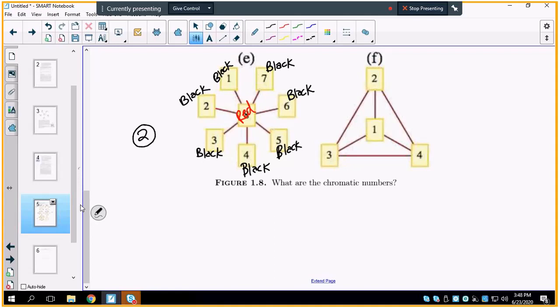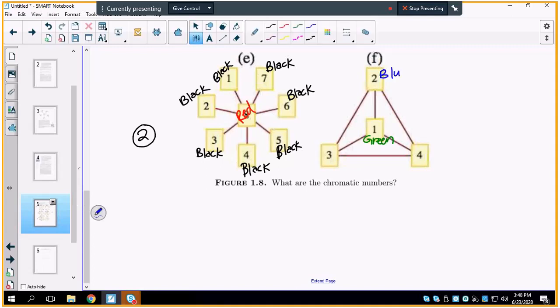And lastly, graph F, proceeding the same way. I'll say maybe vertex 1 is green, but vertex 1 is connected to vertex 2, vertex 3, and vertex 4. So I'm going to have to use a different color.